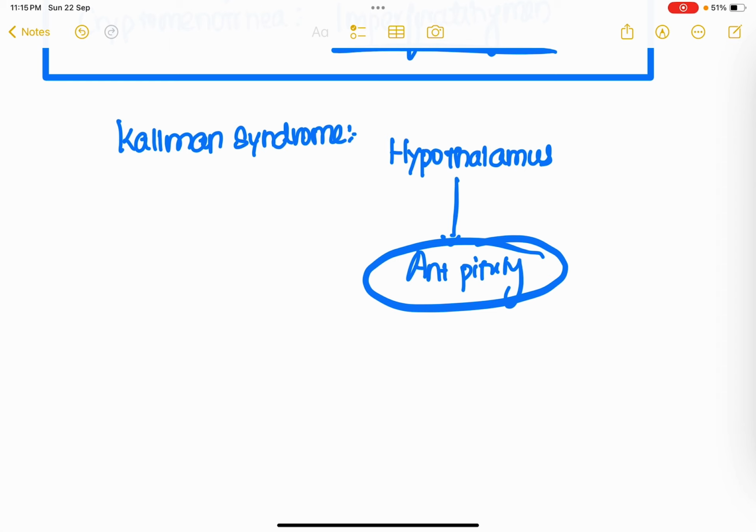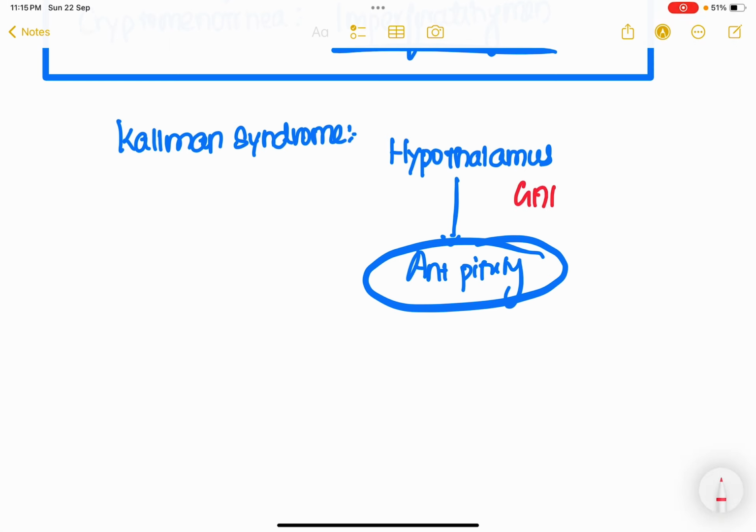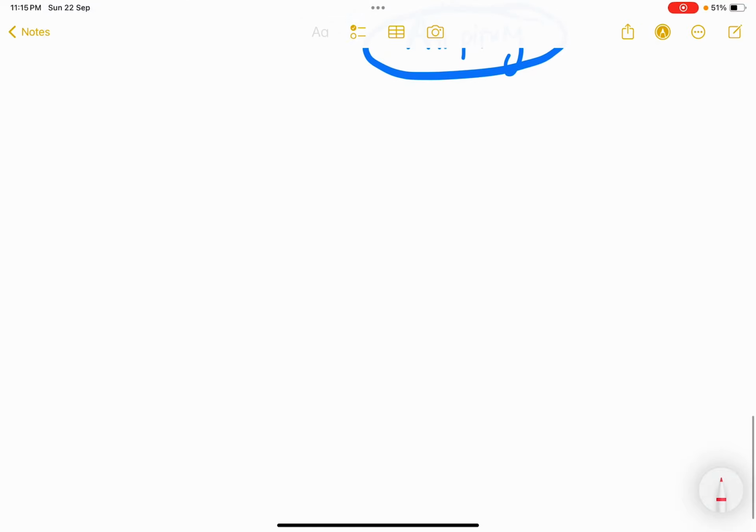We all know that that is going to be this GnRH. So it needs only the GnRH. So why don't we give that GnRH now? Instead of the body releasing the GnRH from the hypothalamus to act upon the anterior pituitary, why don't we administer that GnRH? So can we administer that? Yes, we can administer.